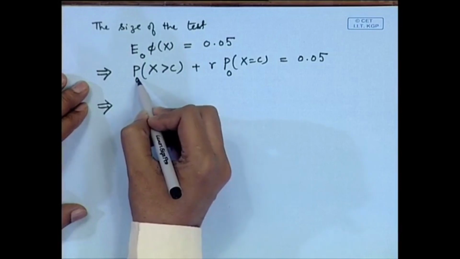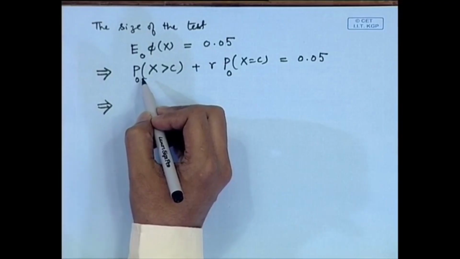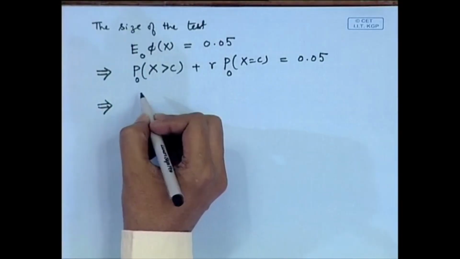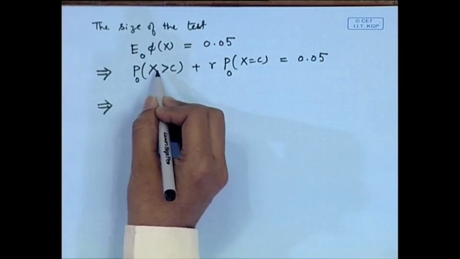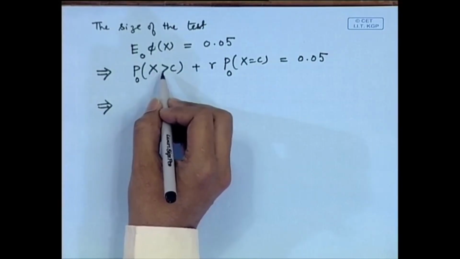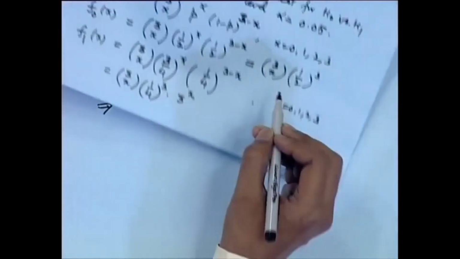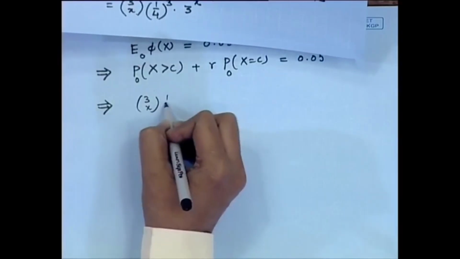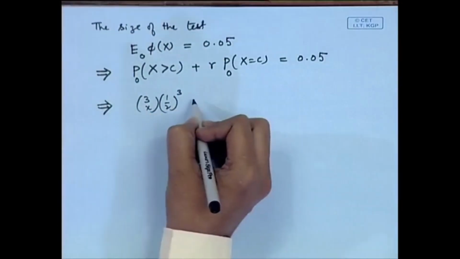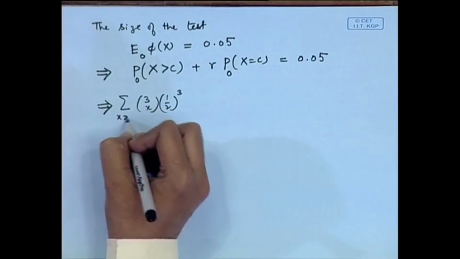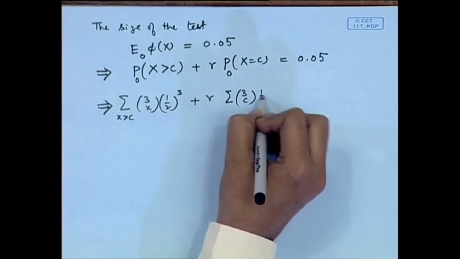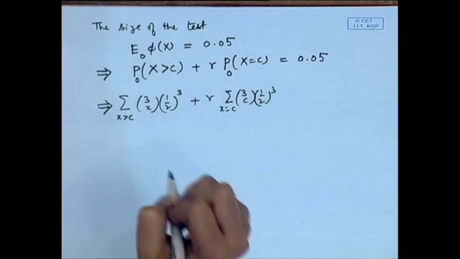Now, you can see here when the null hypothesis is true, the density function is written as 3Cx (1/2)^3. So, we have to consider the values of x for which it is greater than c, and the probability distribution has to be added up, that is the summation of 3Cx (1/2)^3 when x is greater than c, plus γ into 3Cc (1/2)^3 when x is actually equal to c.